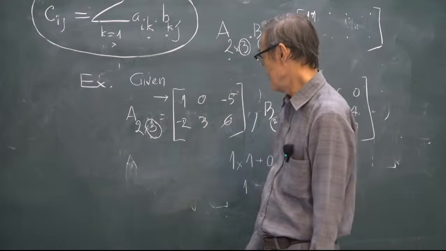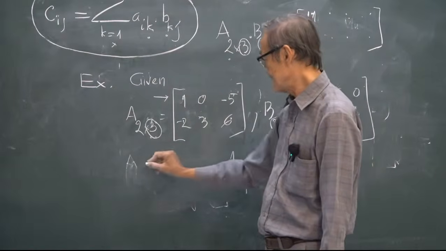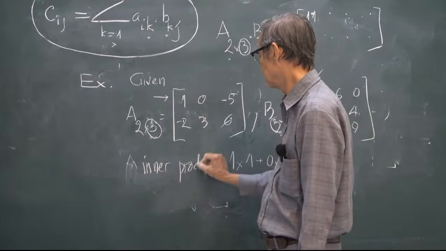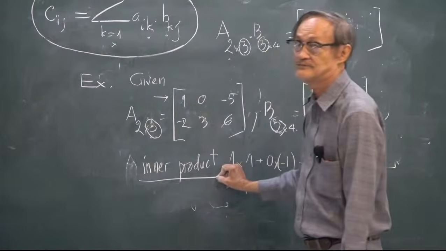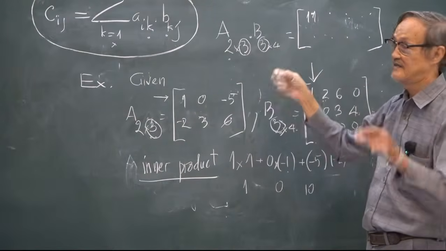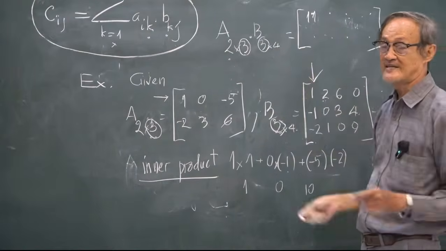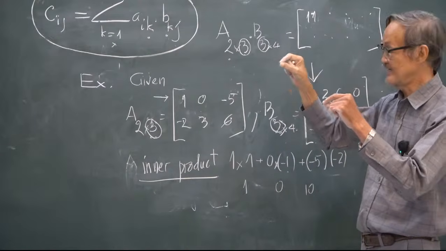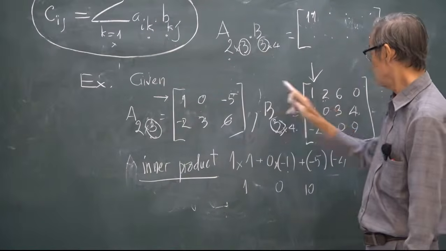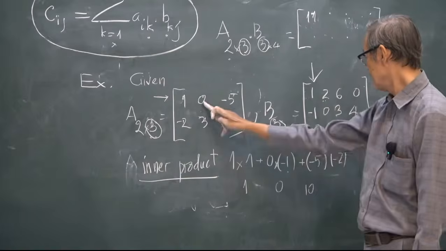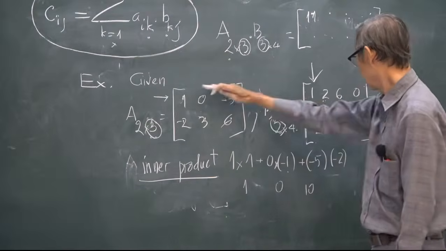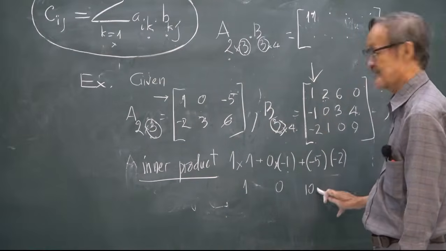In secondary school, we call this the inner product, a vector and a vector. We multiply 2 elements plus 2 elements plus 2 elements. Okay. 1, 1, 1. 0, 0. Minus 5, minus 2, 10.